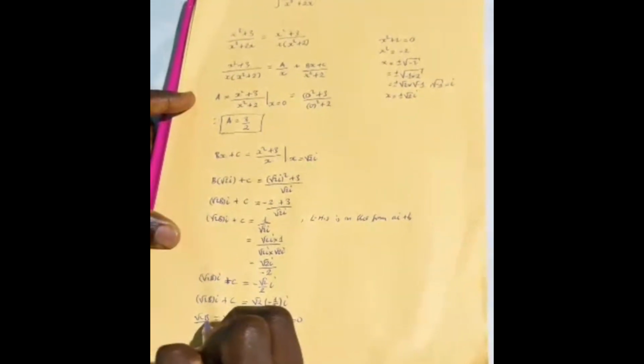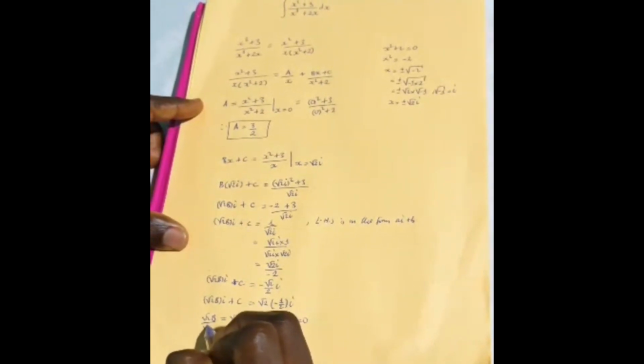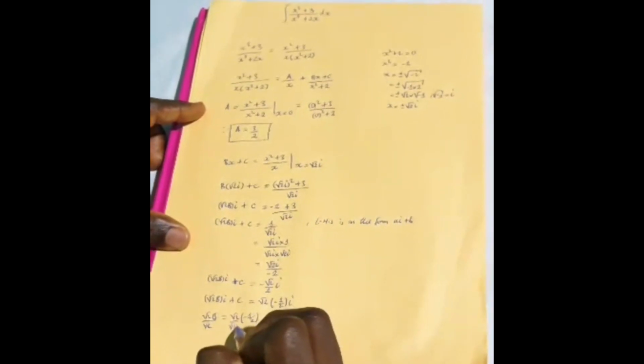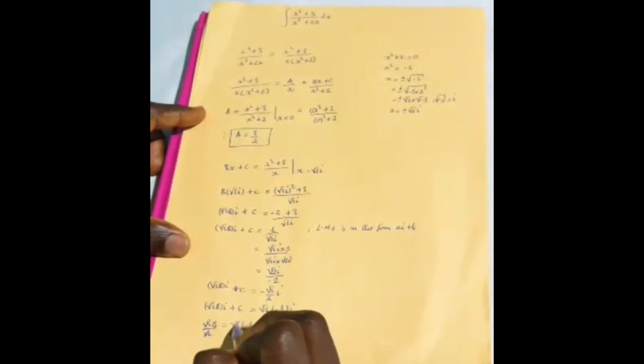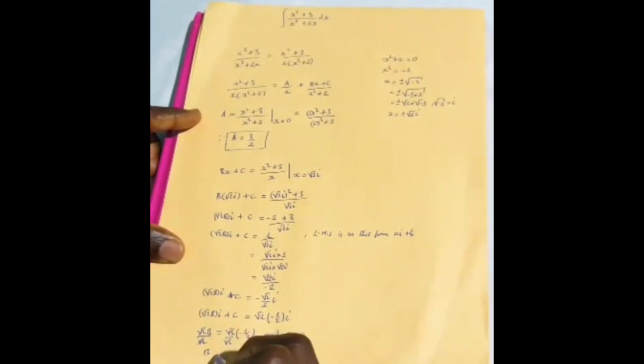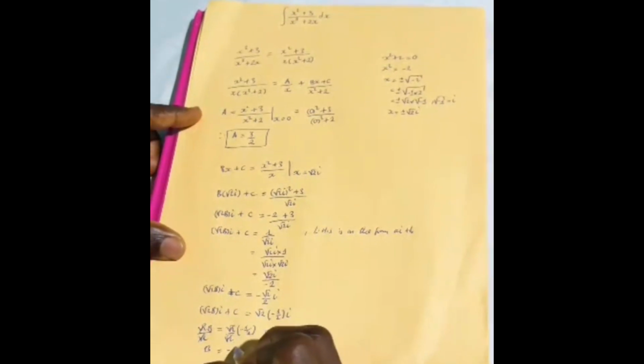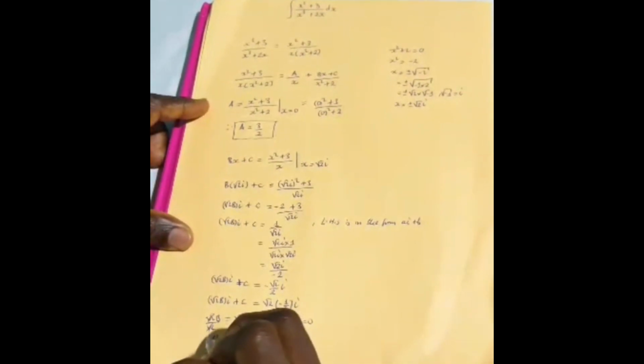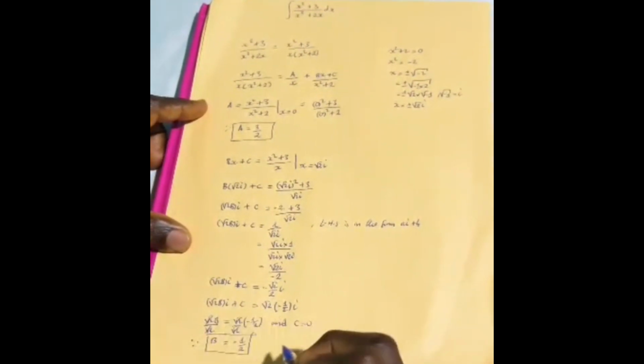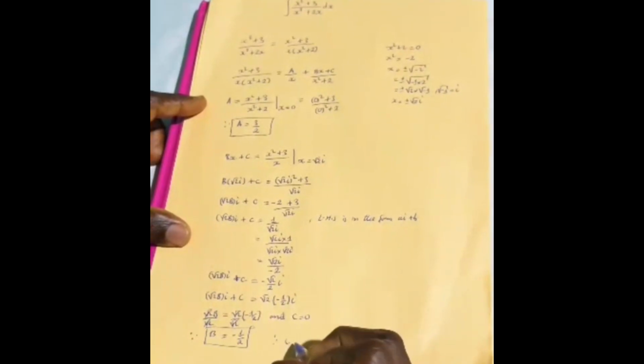So we are going to divide both sides here by root 2, where root 2 cancels, so we have that our b equals negative half, and our c equals 0.